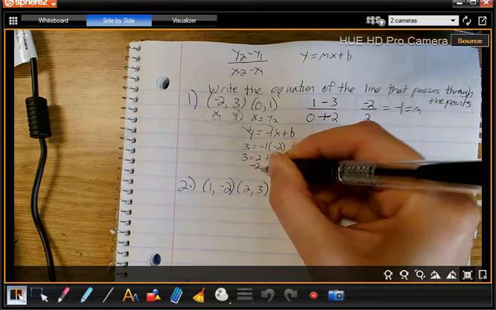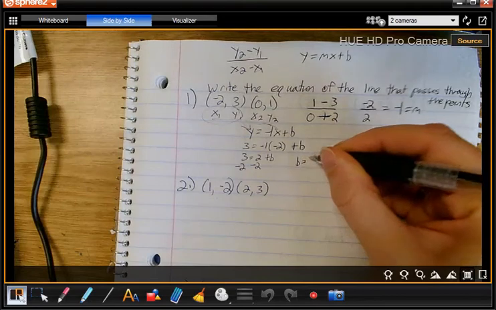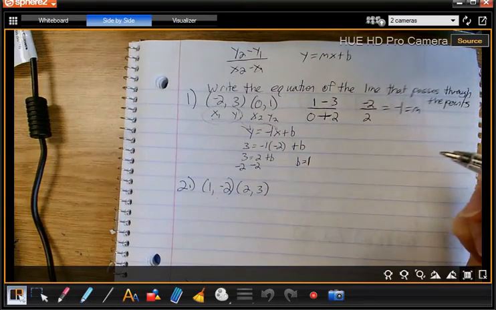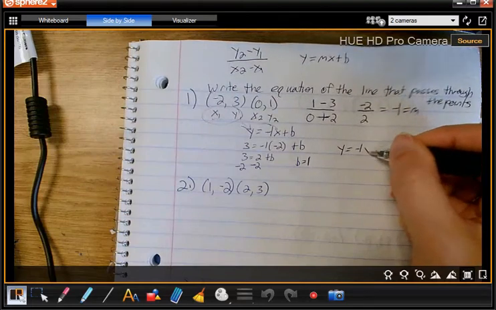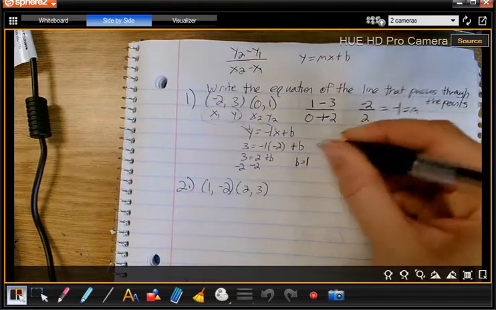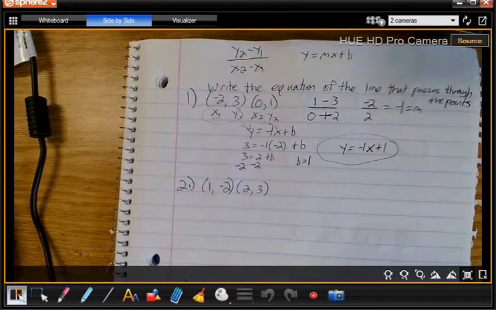I'm going to subtract 2 from each side, and I'm going to get b equals 1. Now I'm going to plug this into my equation: y equals negative 1x plus 1. That is my equation. So now we're going to do more examples of this.